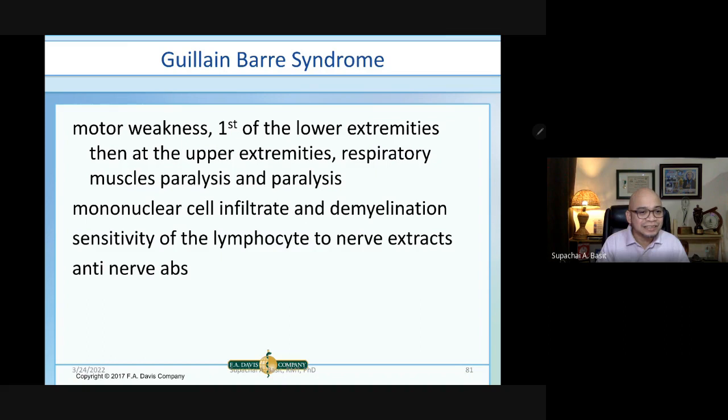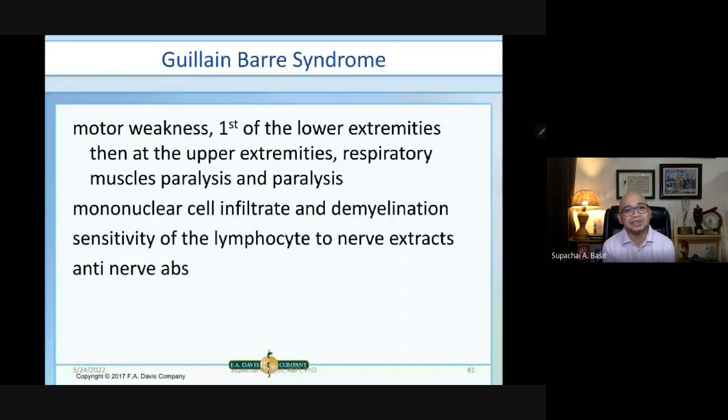Okay, so let's talk about another example of an autoimmune disease. This time, let's talk about Guillain-Barré syndrome, which is characterized by motor weakness first of the lower extremities, then the upper extremities, respiratory muscle paralysis and paralysis.